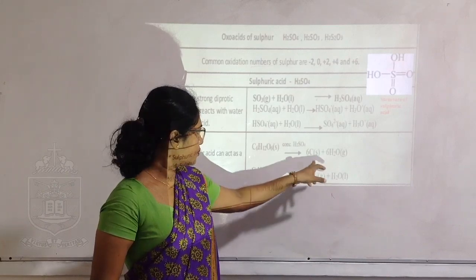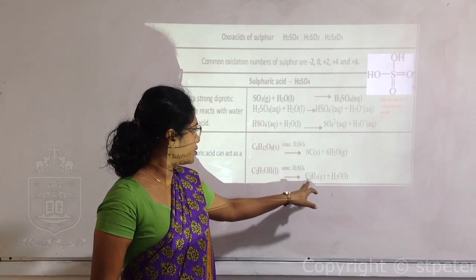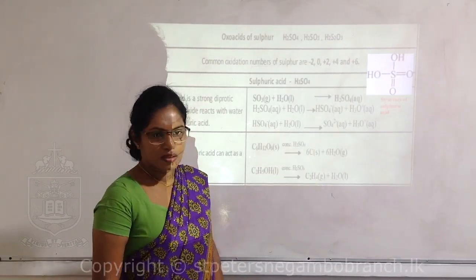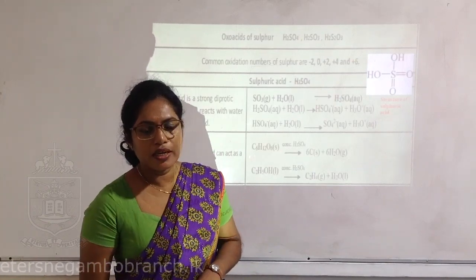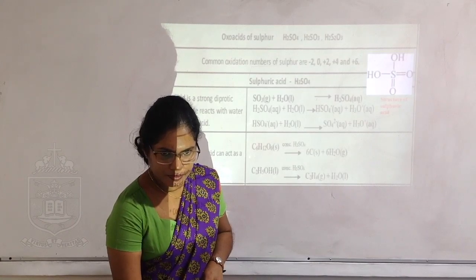Here carbon and ethene, these are the products. So sulfuric acid can react as a dehydrating agent.